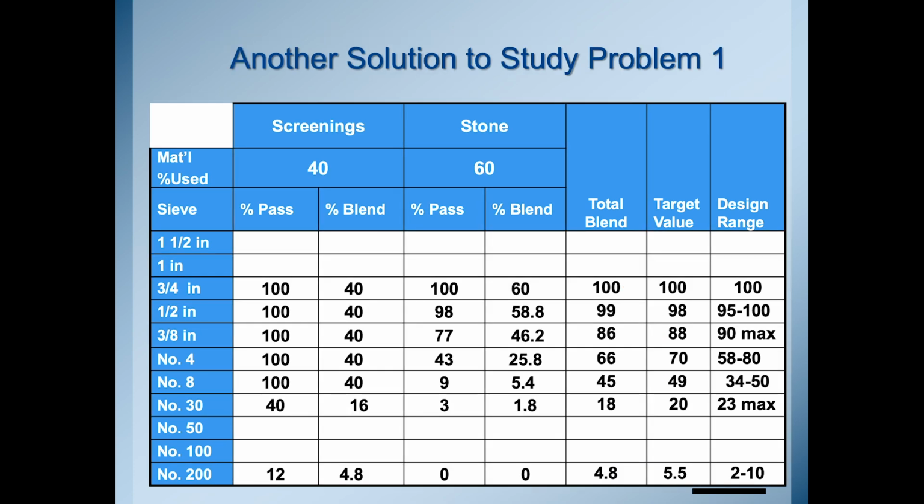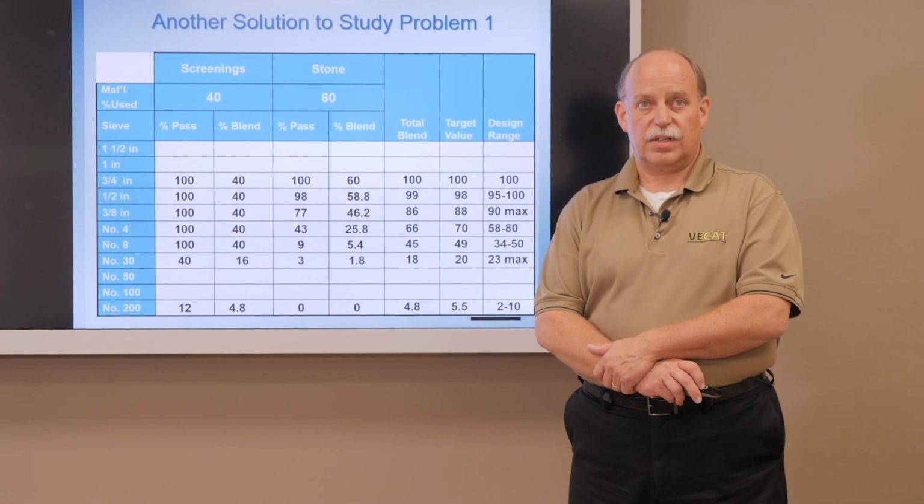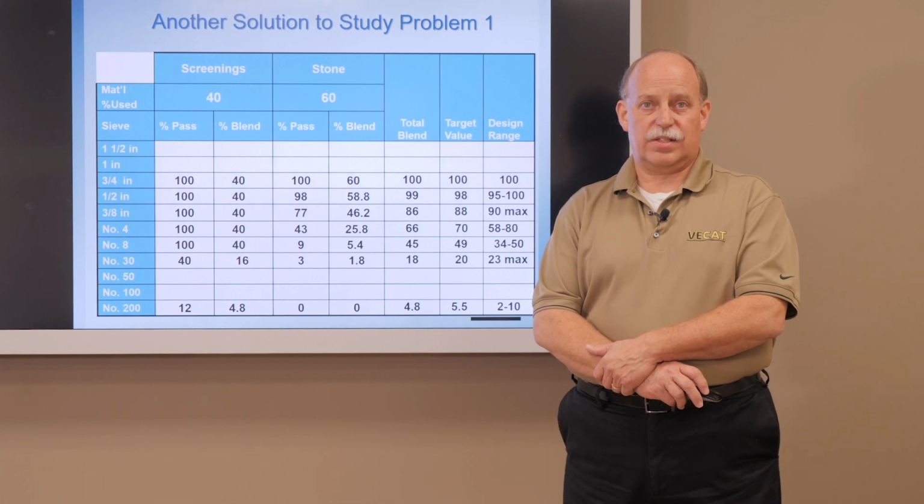So in this case, we'll try another solution. Let's go through this using screenings of 40% versus stone at 60%. If you recall, in our previous one, we had 45 to 55. Now let's try one at 40 and 60.